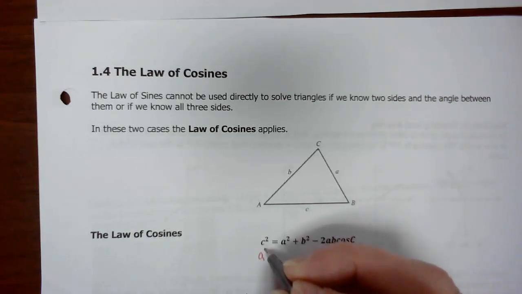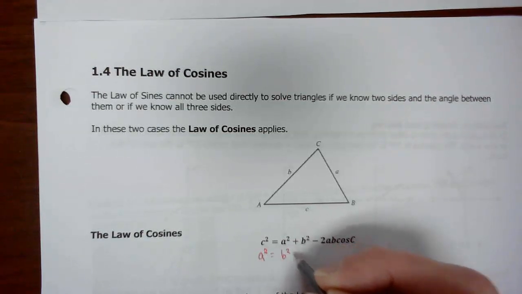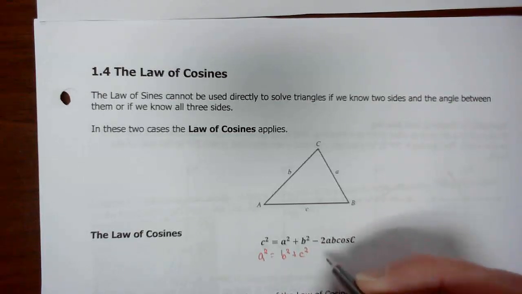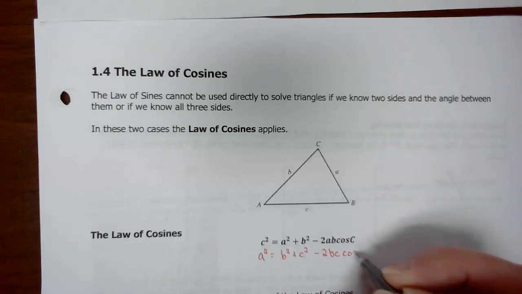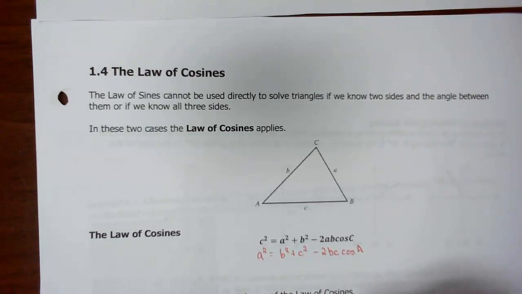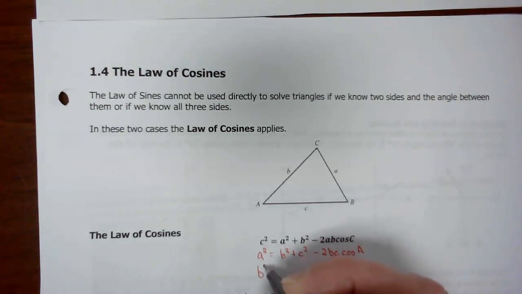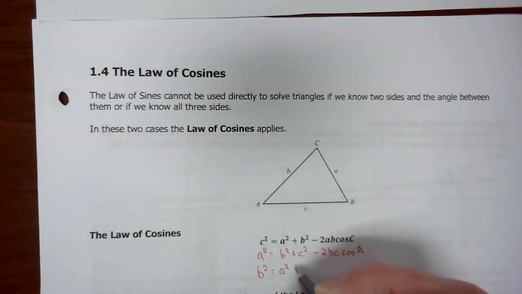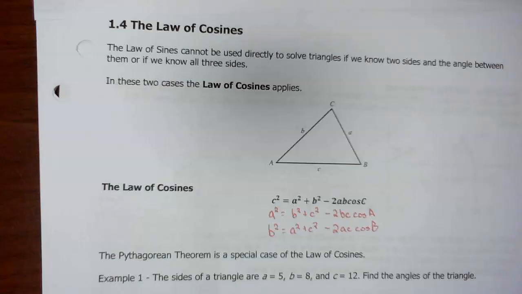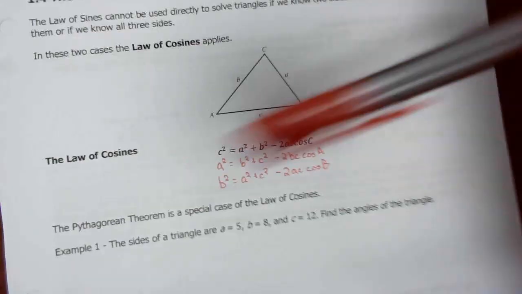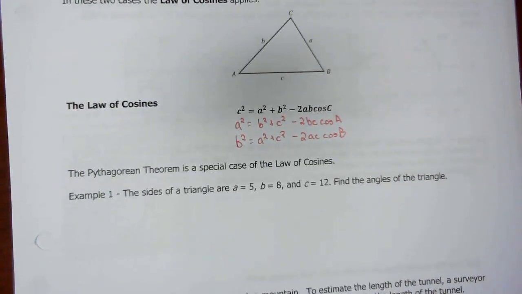If this was a squared, then this would be b squared plus c squared minus 2bc cosine of angle A. If this is b squared, then this would be a squared plus c squared minus 2ac cosine of angle B. So the Pythagorean theorem really is almost a special case of this, or you can think of the Law of Cosines as a modified Pythagorean theorem.